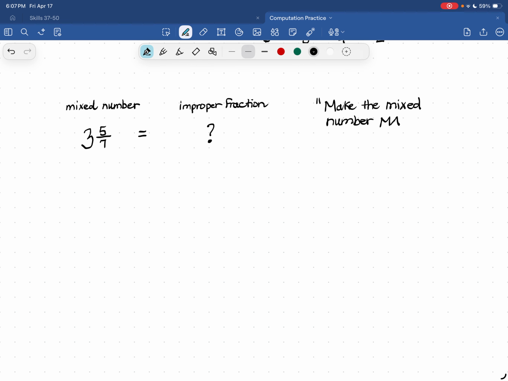But MAD is in all caps because it is an acronym for multiply, add, denominator. MAD, multiply, add, denominator. And here's how it works.